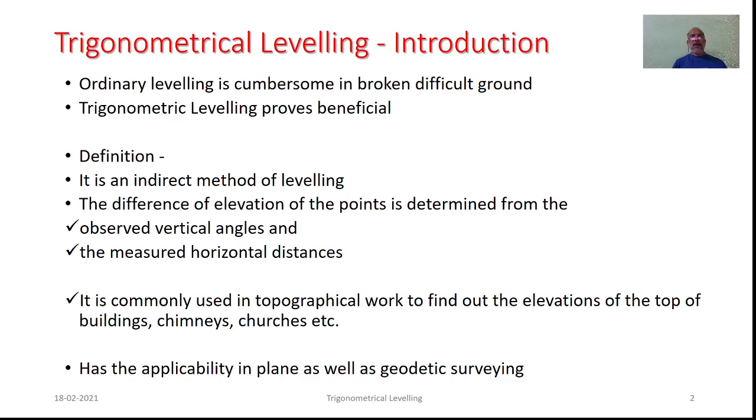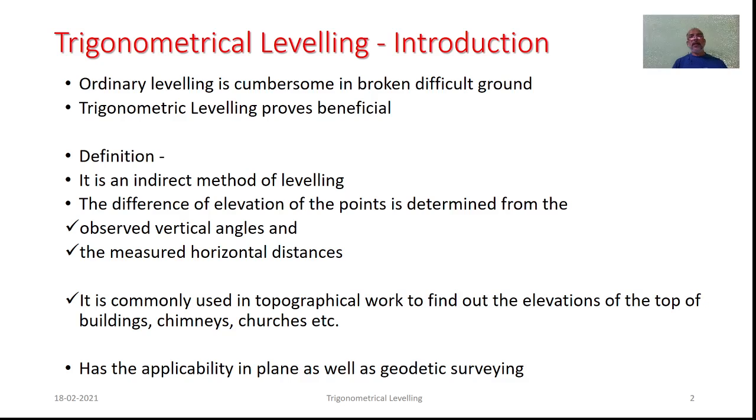This kind of work is commonly used in all kinds of topographical survey to find the elevations of various stations such as tops of buildings, chimneys, churches, etc. Also, this method has applicability in plane as well as geodetic surveying.